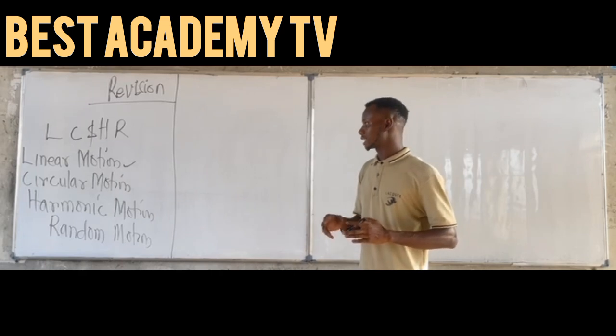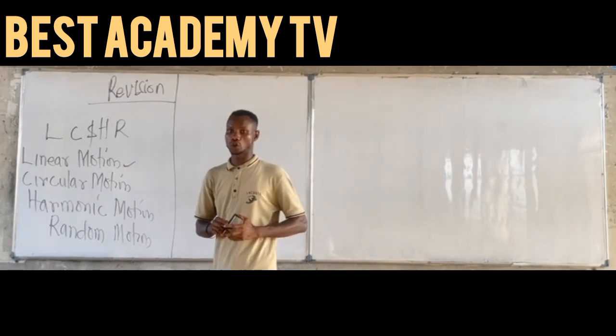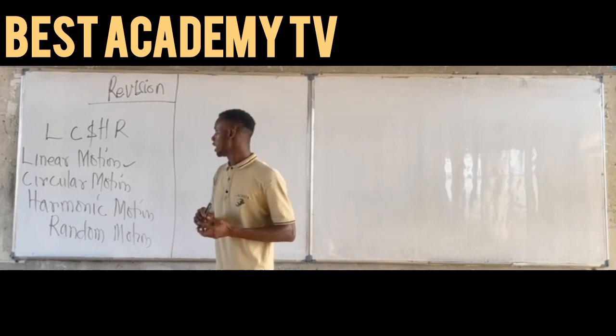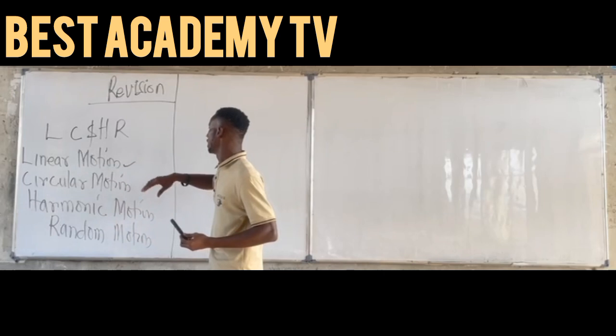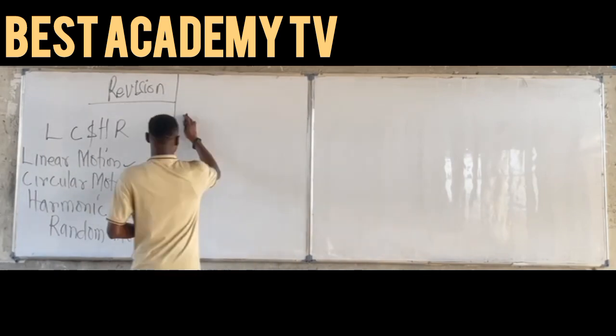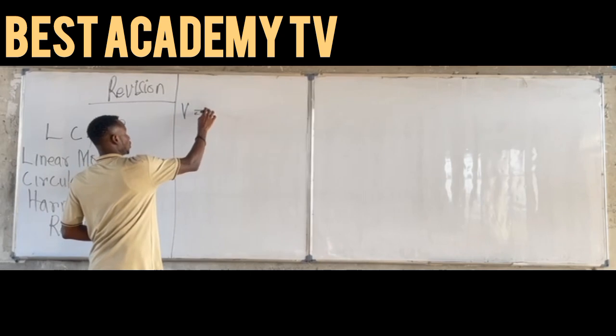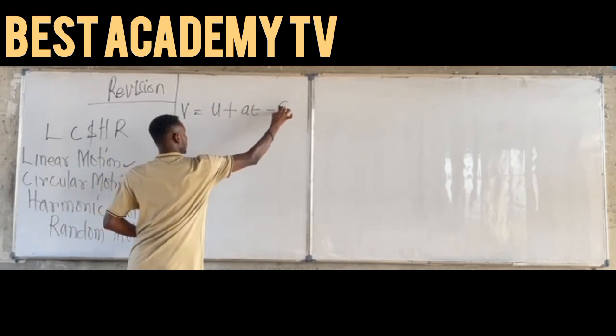Now class, let's take some of the questions here on equation of motion. But before we do that, let's list out all the equations of motion for linear motion. The first equation of motion here is v = u + at, please take note.